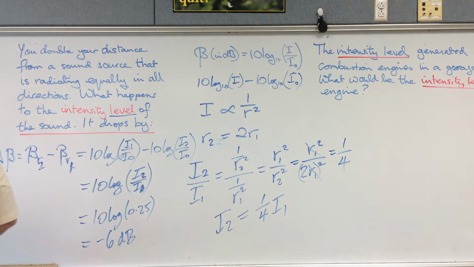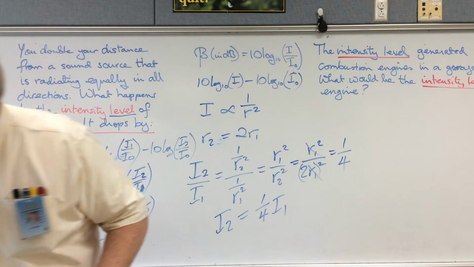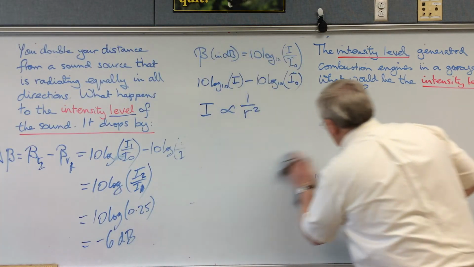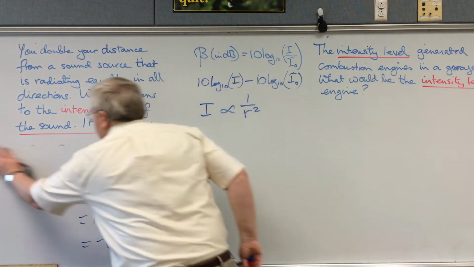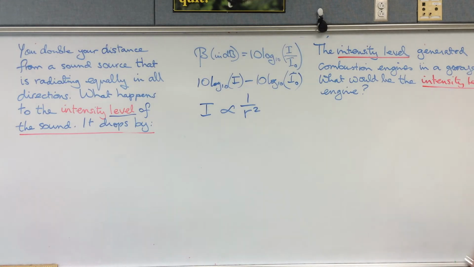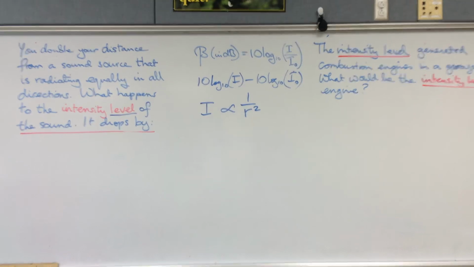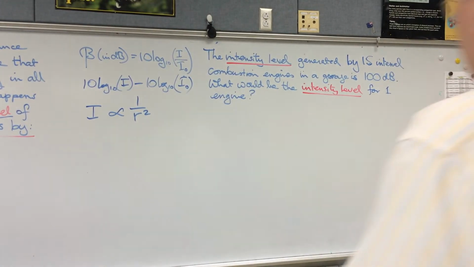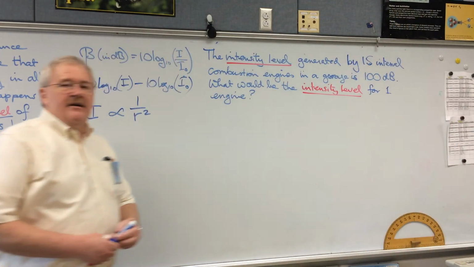Let's have a look at another problem, another example. I'll just delete this, and we can do the same thing with this one over here. The intensity level generated by 15 internal combustion engines in a garage is 100 dB. What would be the intensity level for one engine?